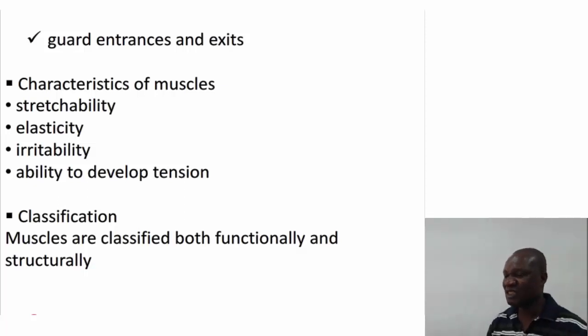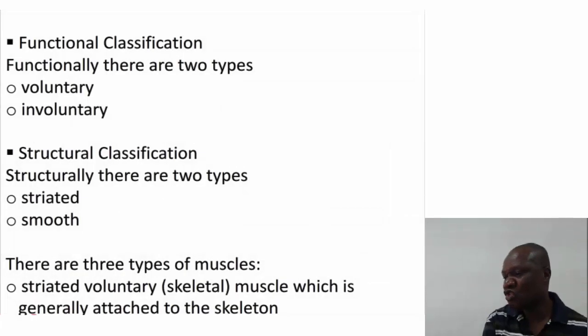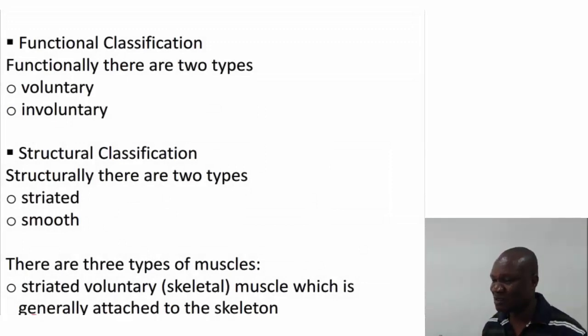Now, classification of muscle. Muscle can be classified functionally or structurally. Functionally, there are 2 types of muscle: voluntary and involuntary. Involuntary muscle cannot be regulated by consciousness. They are automatic in function.